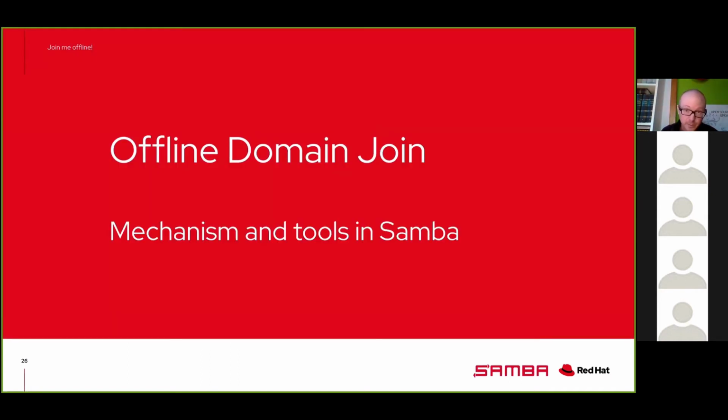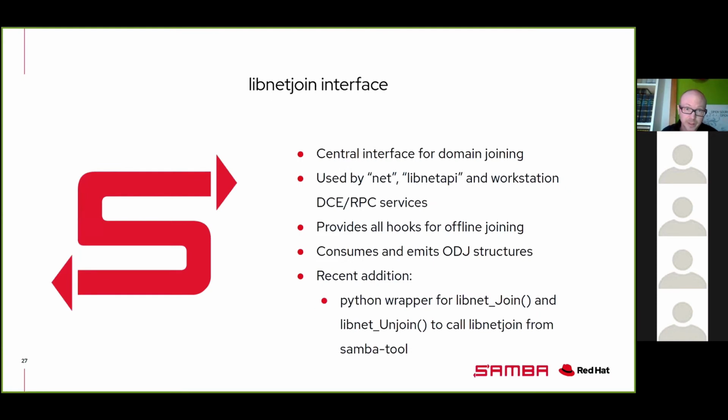So when we look at Samba, or when we looked at how we can implement a similar mechanism there, of course, we have a very comprehensive infrastructure already available. First of all, we have this libnet join interface. This was, in the very early years of my work in the Samba team, an effort to bring all these various joining mechanisms into one central interface.